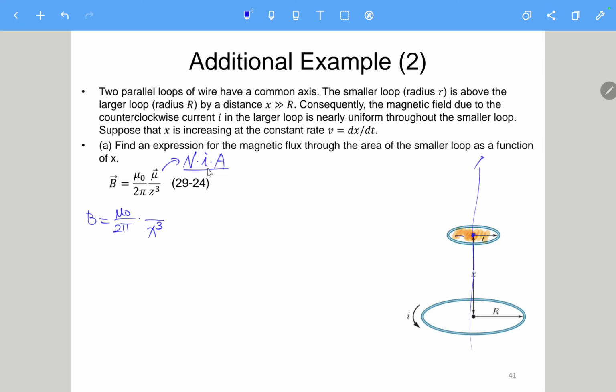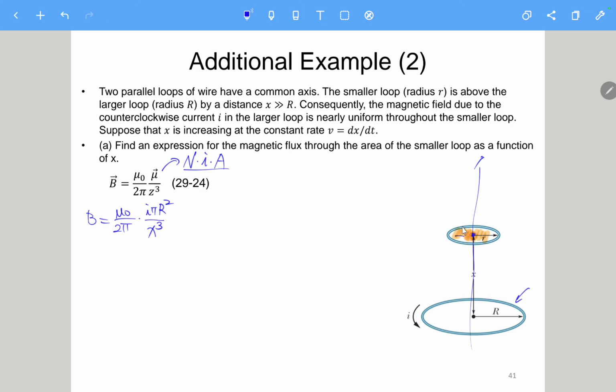Here it is a circle, so it's pi R squared. So this is nothing but I times pi capital R squared, because it's generated by this loop, so we use capital R rather than small r.